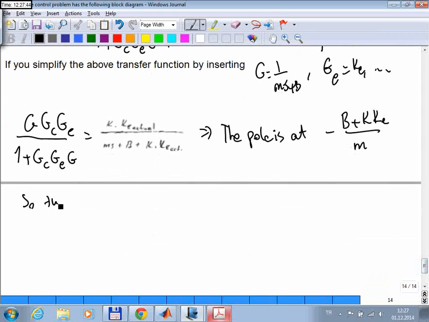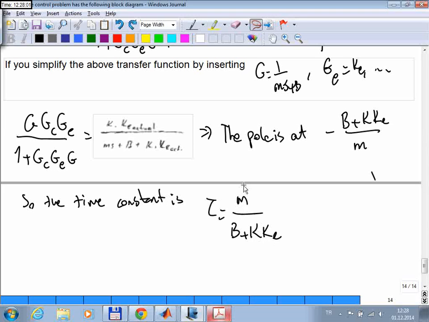So the time constant is, in the open loop case there was no k and the time constant was simply m over b, but in the closed loop case it is m over b plus this thing, and this thing is related with the controller.